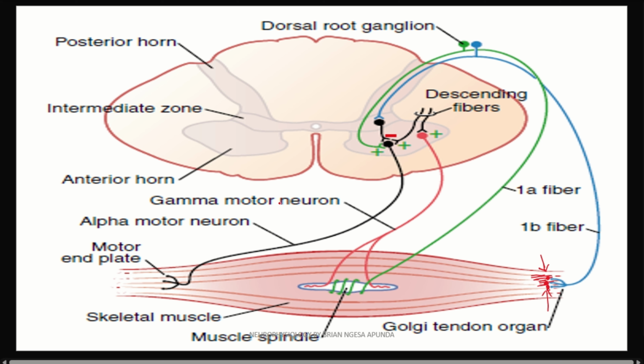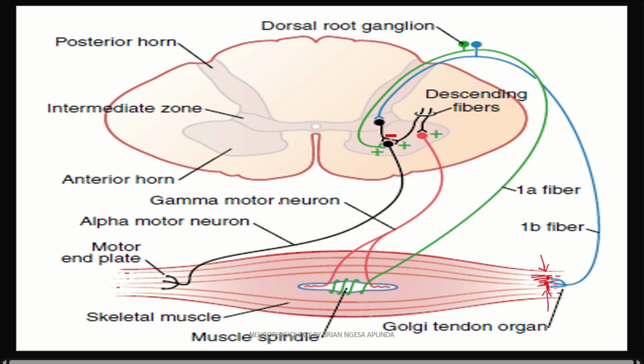So what is generating electrical impulses? It is the tension or the contraction. So the electrical impulses are likely to be transmitted through the type 1B fiber all the way into the spinal cord. Of course, as a sensory neuron, remember there needs to be some form of synapsing so that this becomes the second order neuron, in the dorsal area of the spinal cord, where they synapse with the interneuron.